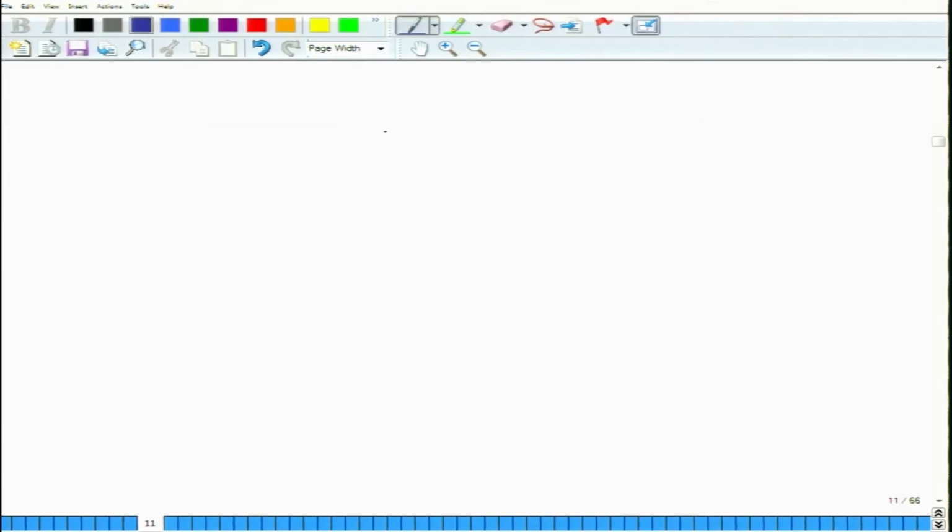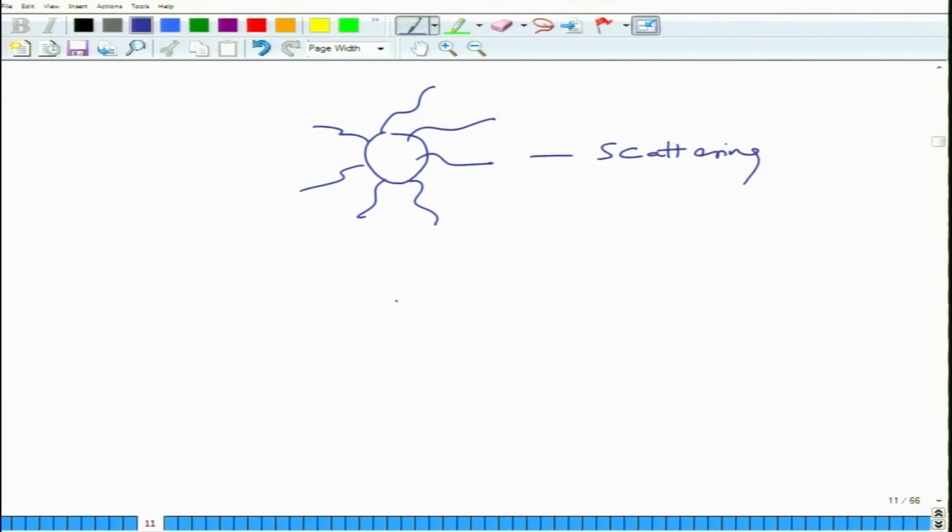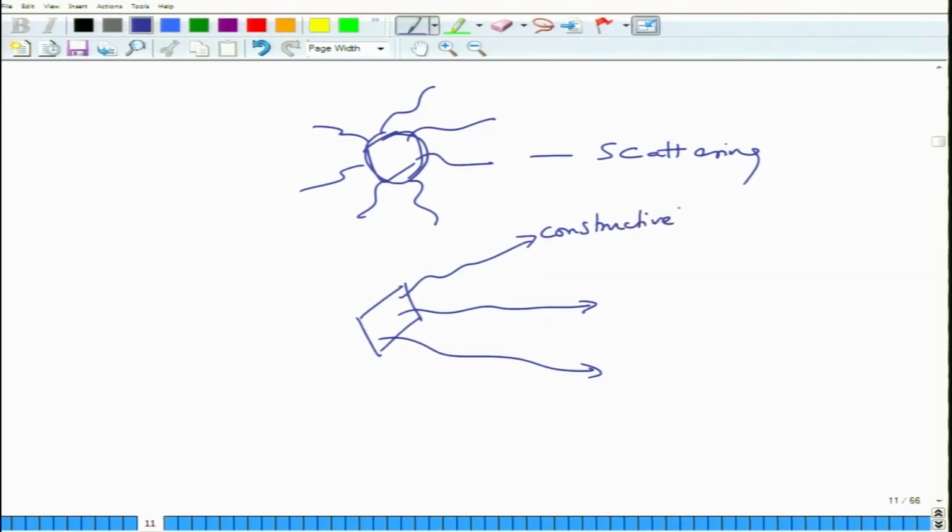So when you have scattering, you have beams going in all directions. This is scattering. And if you have a crystal which is diffracting, let us say this is the aperiodic crystal, or just scattering over a particle, then you have specific directions along which there are constructively interfered beams.